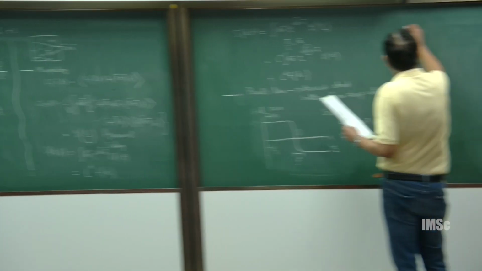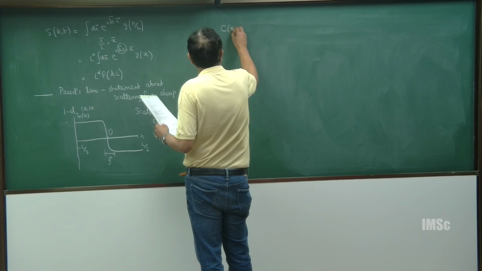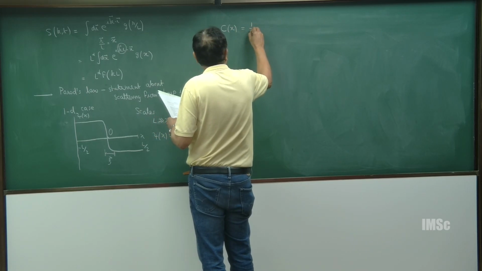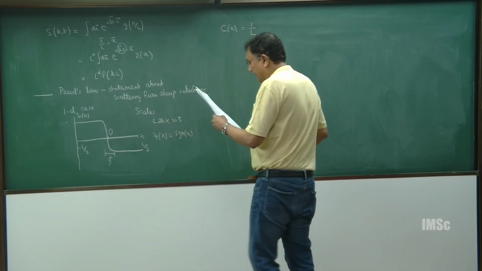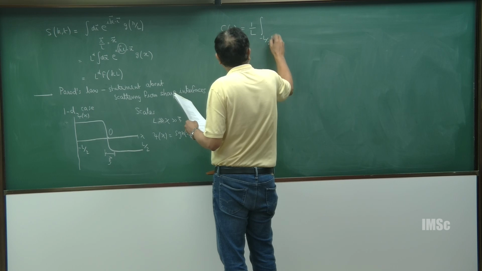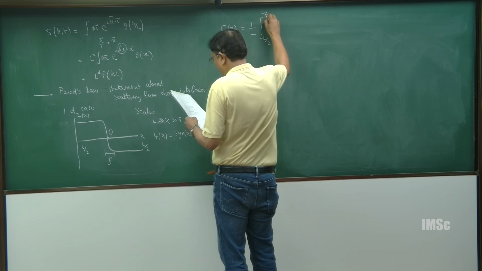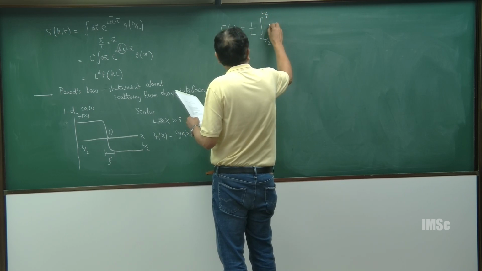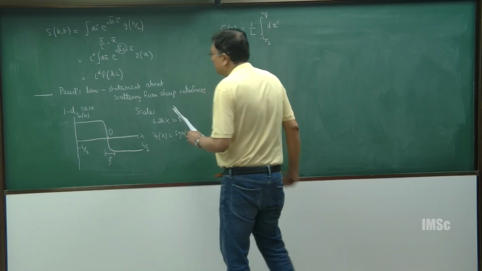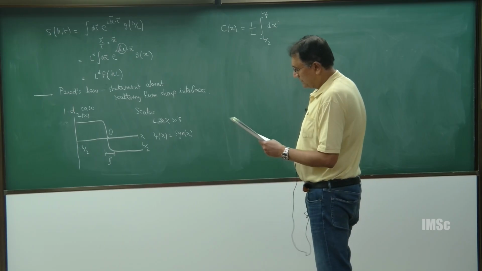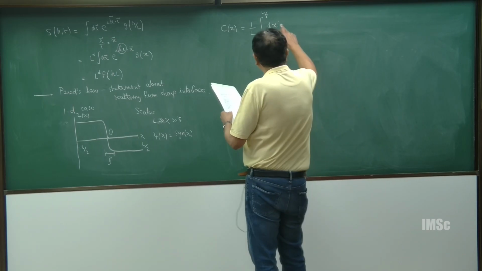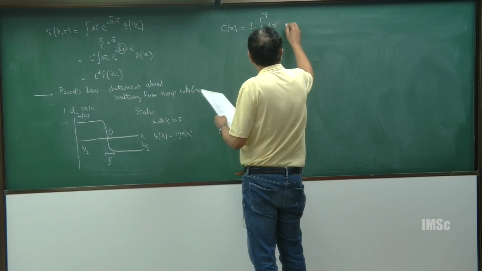So, the correlation function C of x is equal to, let us write this down from the definition, 1 over L, the integral from minus L by 2 to L by 2 of dx bar.